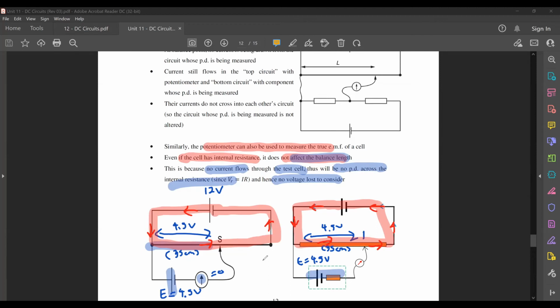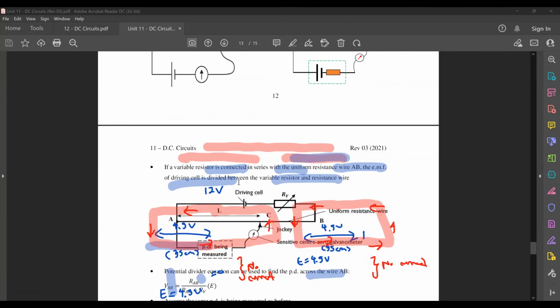Okay, so this one, no current. This one also no current. So even if you take a battery with internal resistance and you connect it to potentiometer, what you're measuring is actually just the EMF. There's no voltage loss since no current flows through it. Okay, you're going to get back exactly the same balance length.